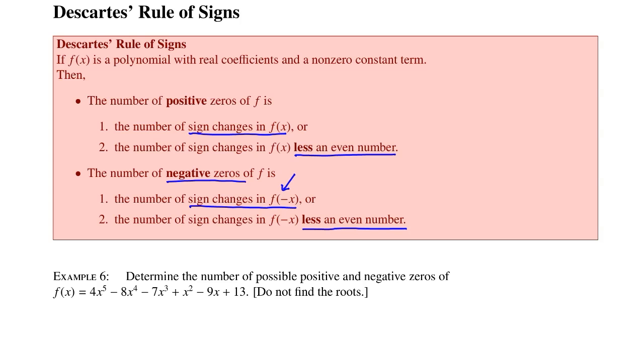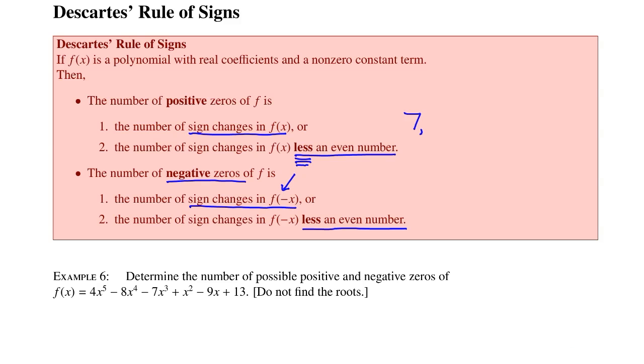Now this part is the confusing part for most students. It says less an even number. So what that means practically is that suppose we compute the number of sign changes of f and we get 7. Then the total number of positive zeros that f could have could be 7, and then we just start subtracting off 2's until we get to a number that can't possibly work anymore.